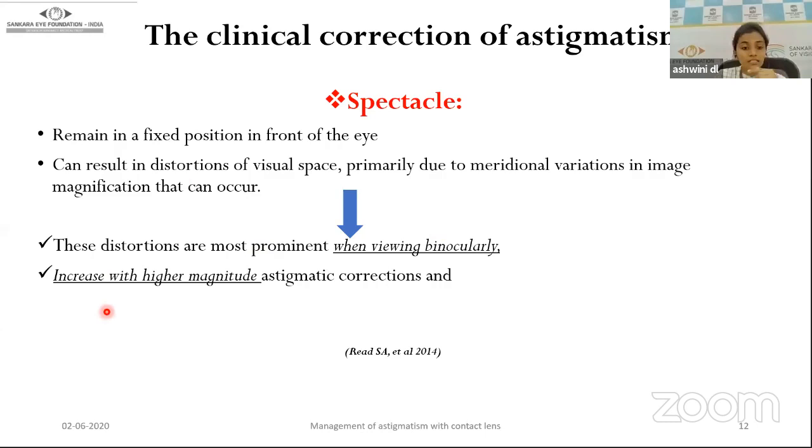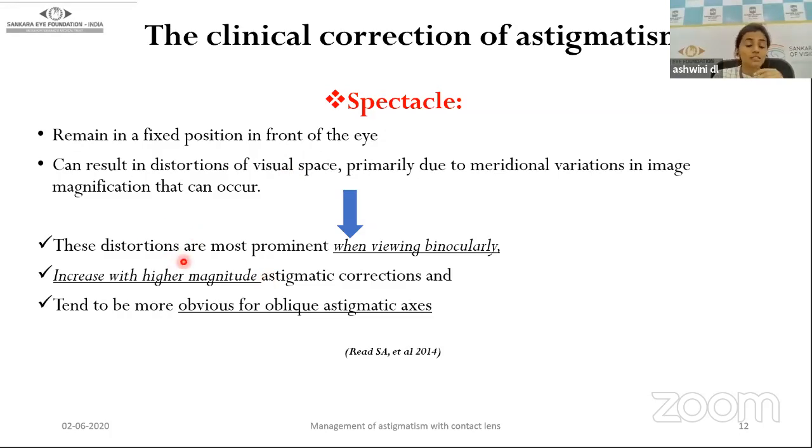Also, in case a higher magnitude of astigmatism is present, that is, moderate to severe astigmatism, then spectacles are not a good option. And if a patient has oblique astigmatism, spectacles are not a good option either. So in this patient, if you see the prescription, the magnitude of the astigmatism lies somewhere between moderate and severe. So for this patient, spectacles are not the right option.